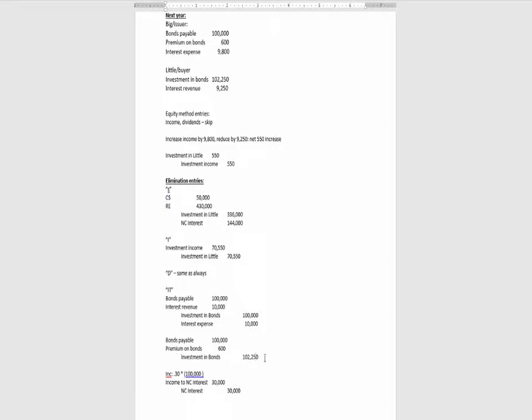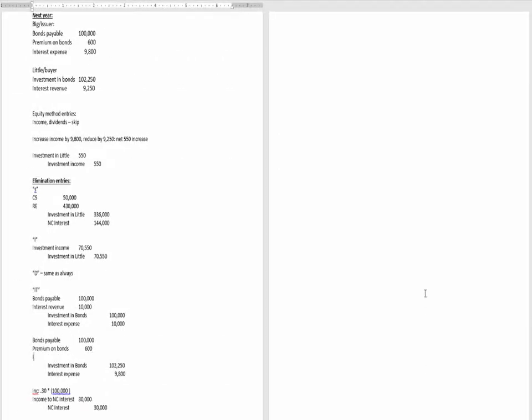Now, interest expense is a debit balance account, so to get rid of that, we're going to credit interest expense. Interest revenue is a credit balance account, so to get rid of that, we're going to debit interest revenue.